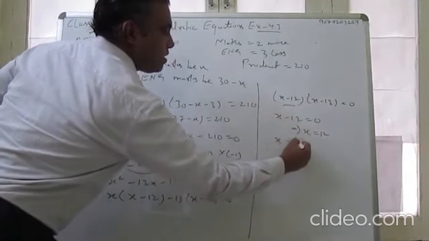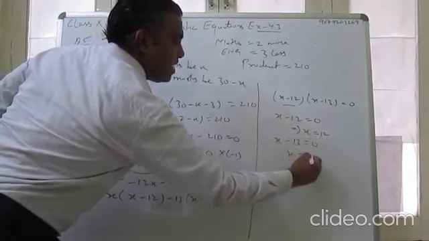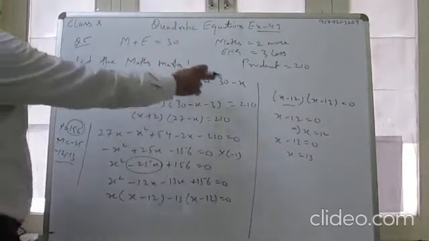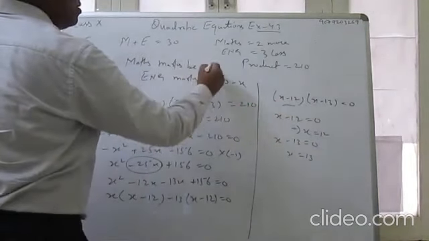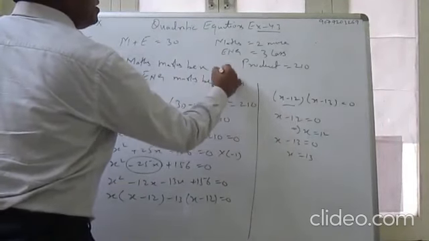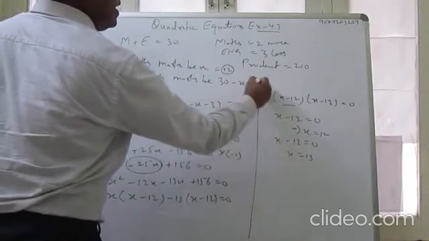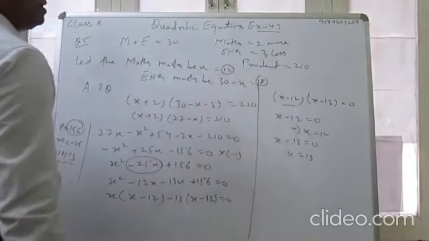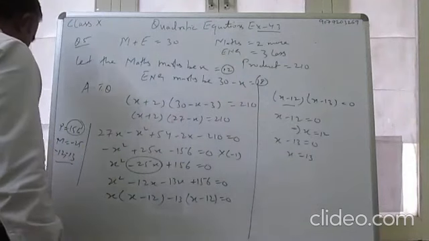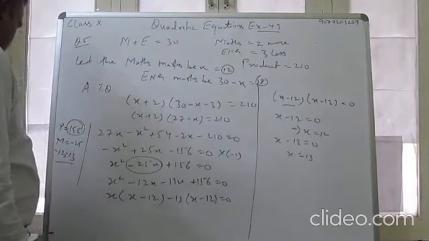If x minus 13 is equal to 0, then x is equal to 13. So in Maths, if it is 12, then English is 18. If it is 13, English is 17. So this is the answer.